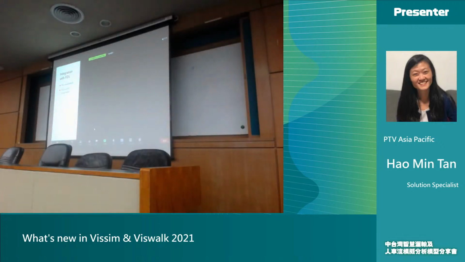So to refresh your mind a little bit about the integration with FDS, this was first introduced in Vissim 2020. FDS is third-party software, the Fire Dynamics Simulator, which we can import and then have the fire visualization, and also the FED and FIC computation as well.